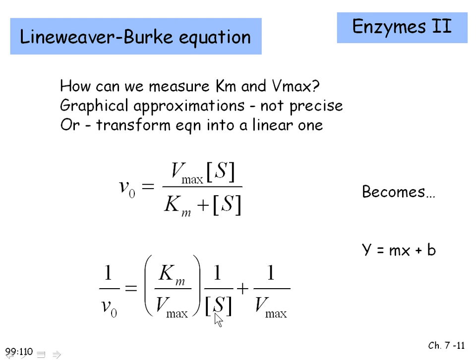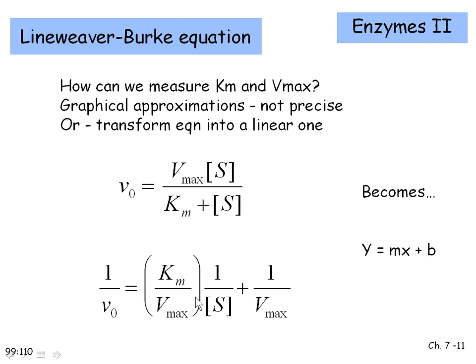This is something that can vary as you vary the substrate concentration, but this is a constant in front of that. It's a slope. It's the slope of the line that we're going to draw. So if you can sort of cross your eyes and blur your eyes a bit, what we've done is create an equation in the form of y equals mx plus b, which is a homely old Algebra 1 equation for a straight line.